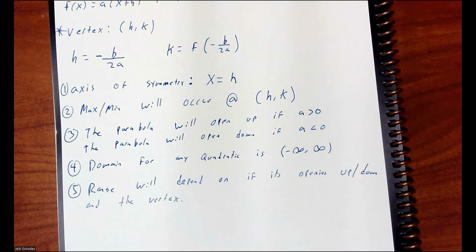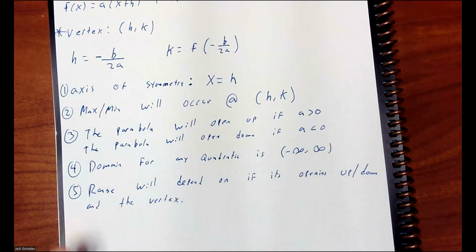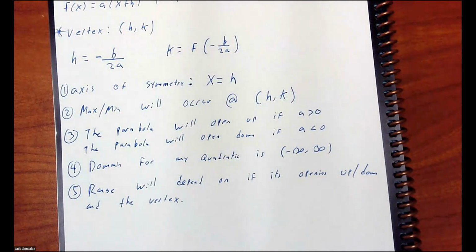So find that lowest y value, which is the vertex, and then just go up. If it's opening down, you'd have a negative infinity for your range, but you'd have a maximum value at the vertex. So my advice for range is graph it and then just see how high it goes and how low it goes. Don't make it harder than it needs to be. Anyway, I think that's all you really need to worry about.